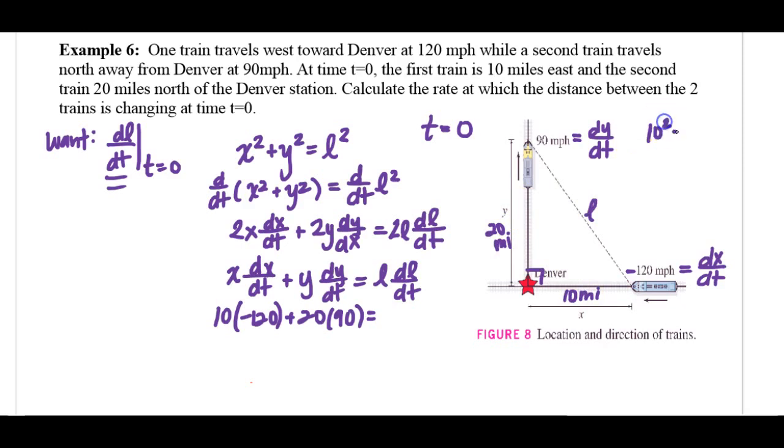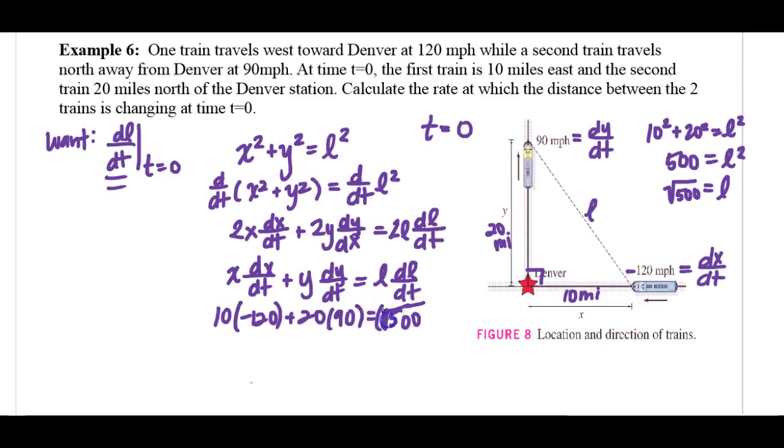So 10 squared plus 20 squared would give me the hypotenuse squared. So this is 100 plus 400, so this is 500 equals L squared. If I take the square root of both sides and only consider the positive answer, L is the square root of 500.